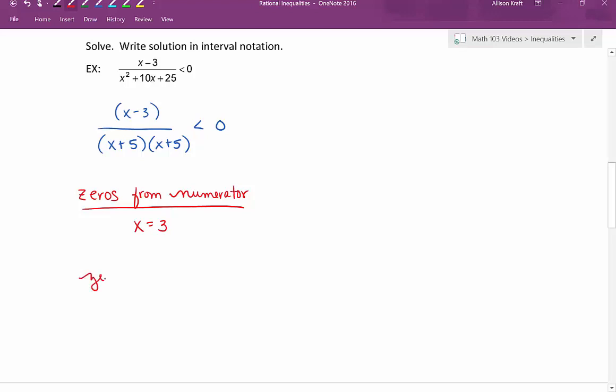And then we want the zeros from the denominator. Setting each one of those factors equal to 0 and solving, we get x equals negative 5, and we get it twice. So really, we only have 2 unique zeros.